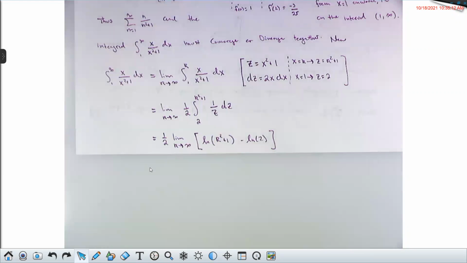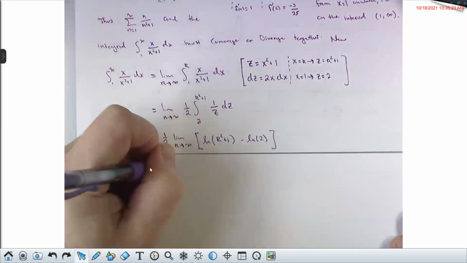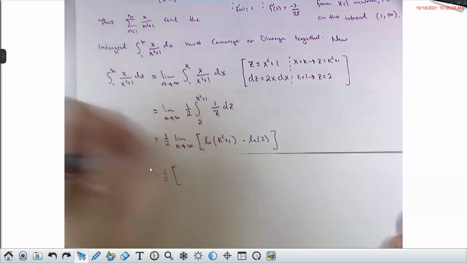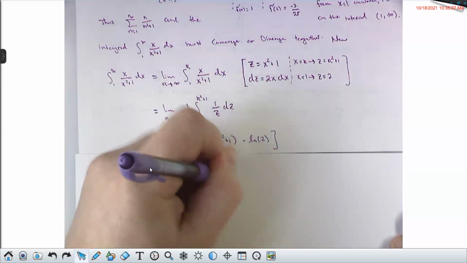Okay, this limit is similar to the limit we had to do for the previous problem. As r goes to infinity, what does the natural log of r squared plus 1 do? It also goes to infinity, right? If you want, you can write this as the natural log of infinity minus the natural log of 2.